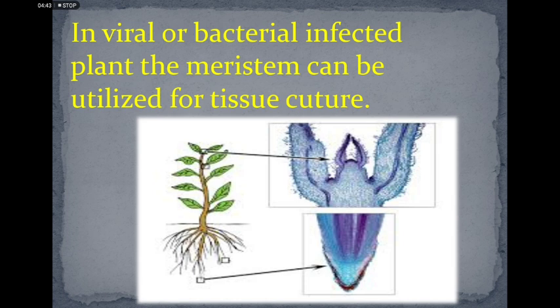So these newly produced cells can be utilized for tissue culture in such plants, and through tissue culture we can produce plants that are genetically and morphologically the same as the parent. That means morphologically and genetically similar to the parent, which we call clones, a carbon copy of an individual.